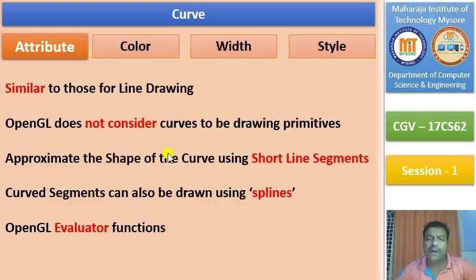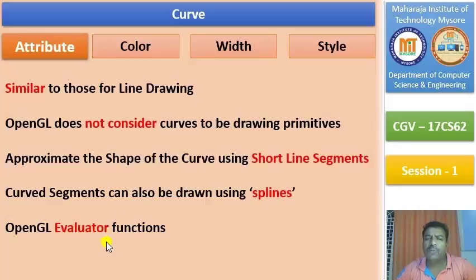Hence you don't find OpenGL functions for the curve which can be used directly. We need to use some libraries or auxiliary libraries, such as splines, which help in drawing a curve using library utilities, or auxiliary library utilities called OpenGL evaluator functions.